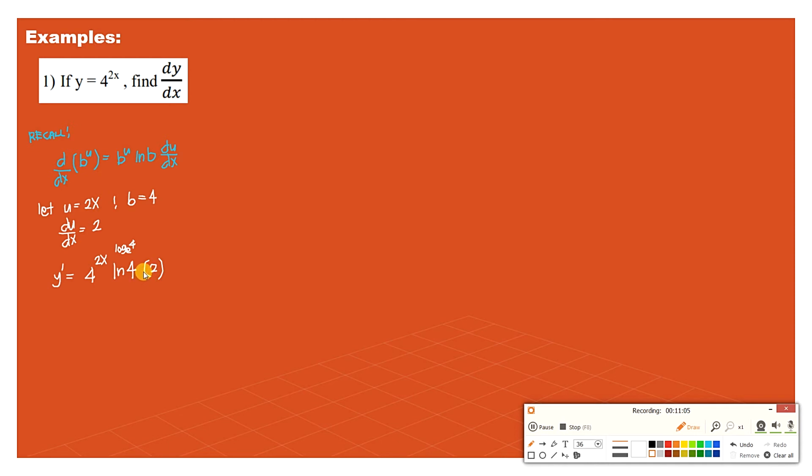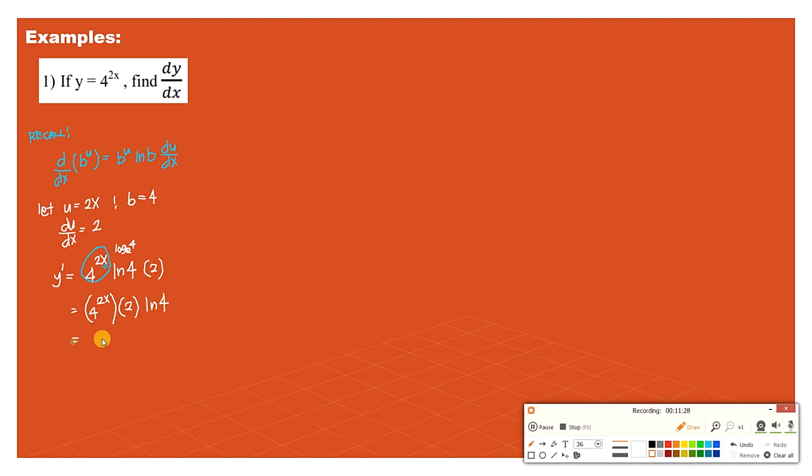Okay? So, yung 2, hindi pwedeng i-multiply dito ha, kasi dito meron siyang exponent. Pero yung 2 na yan, kung isusulat natin, we can write it 4 raised to 2x. Tapos yung 2, lalagay ko sa unahan kasi hindi pwedeng i-multiply kay 4. Tapos ln of 4.